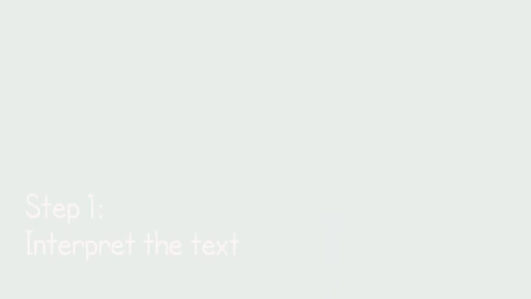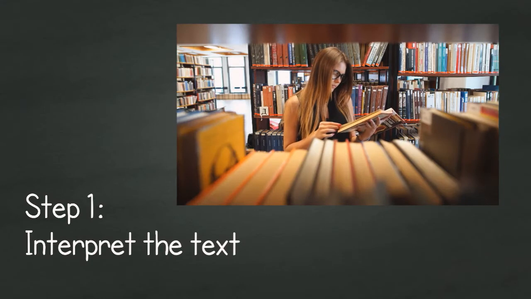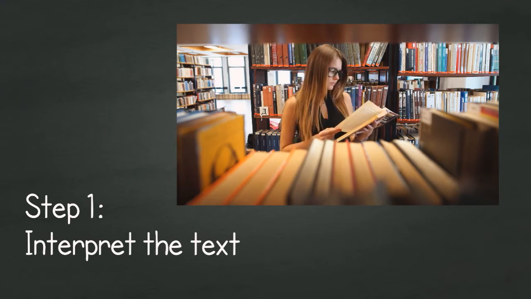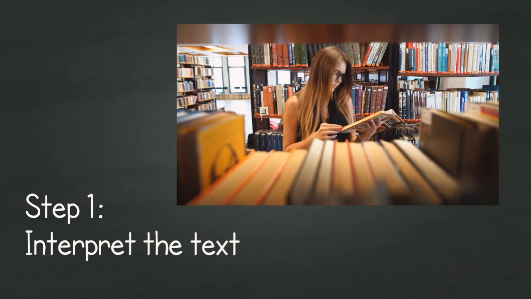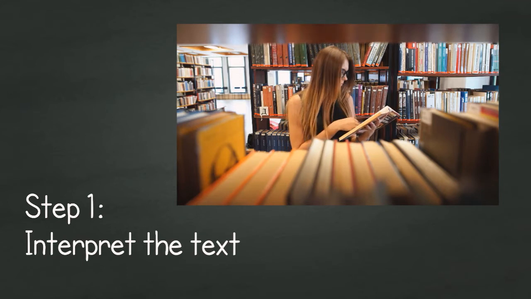The first step is the interpretation of text fragments. This is where we will read a text fragment multiple times over and over again, and we will ask ourselves what we think is going on in this segment. We will want to read the segment of the text and read our research question many times.